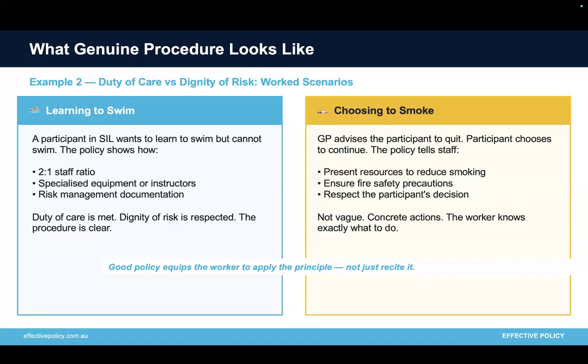The other thing I want to make really clear for you: it isn't an accident that the introduction of the NDIS made the category of employment called support worker the second most dangerous in Australia. That's not just a coincidence.